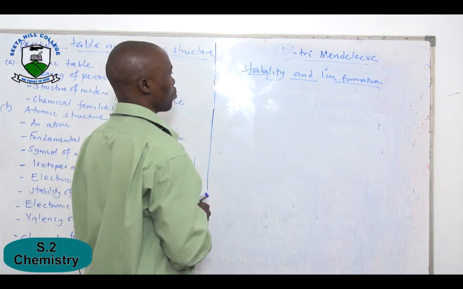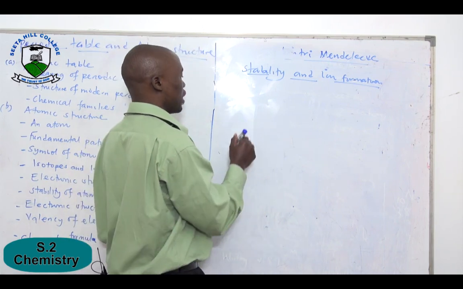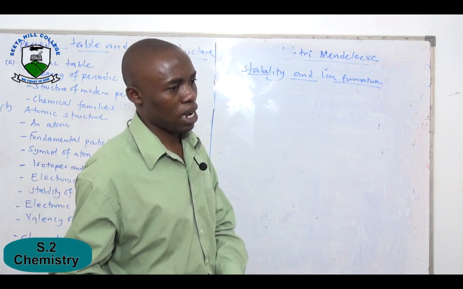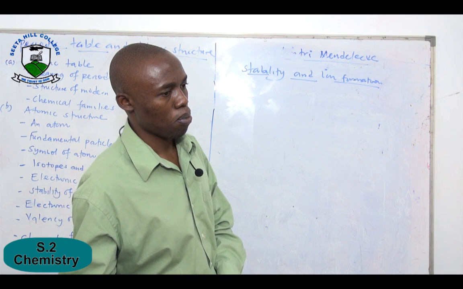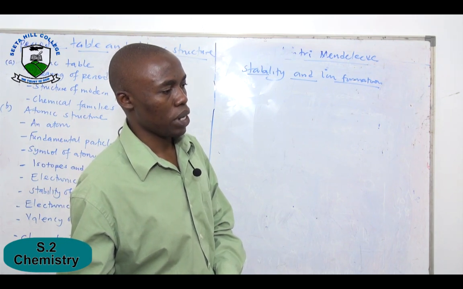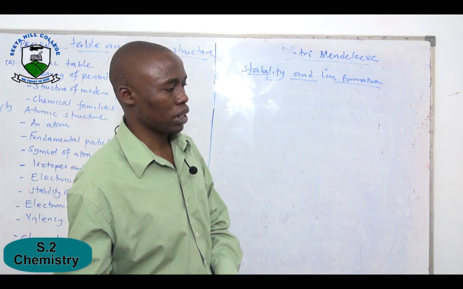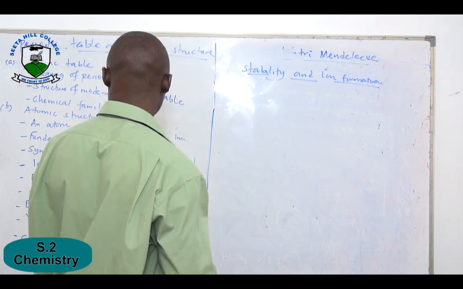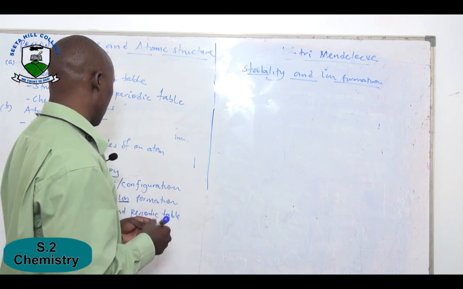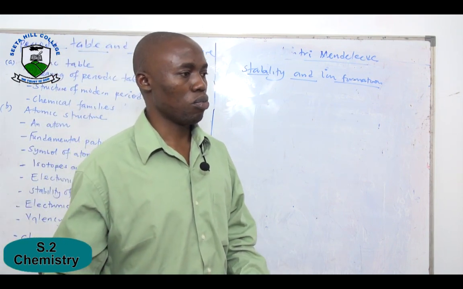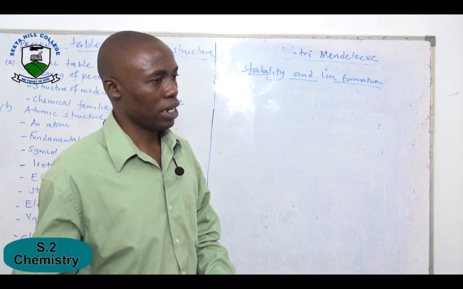Clear? Now ions are formed when atoms want to become stable. That's what makes the atom lose or gain electrons.